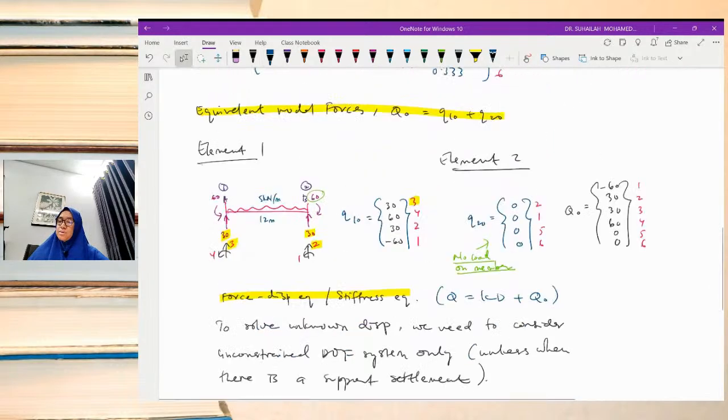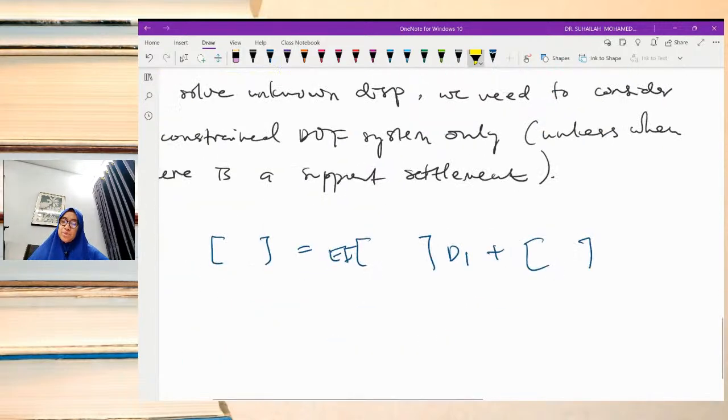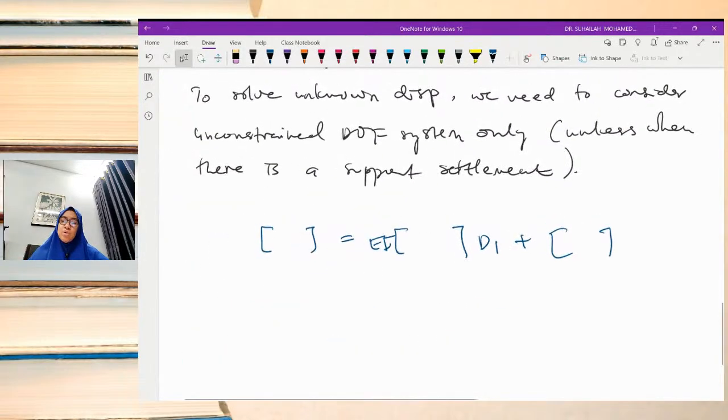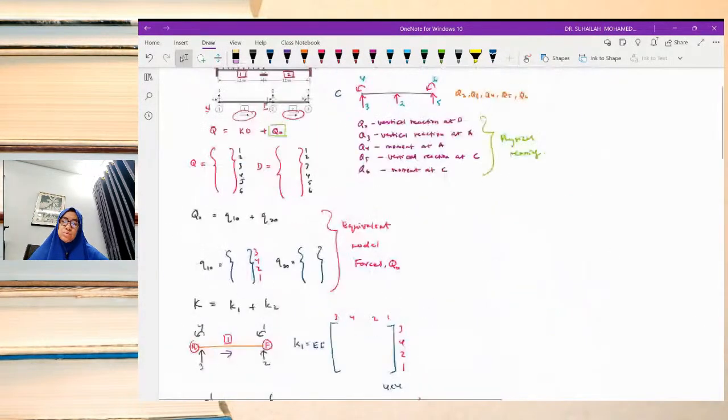So Q naught is this at position 1. Okay, go back to the question.